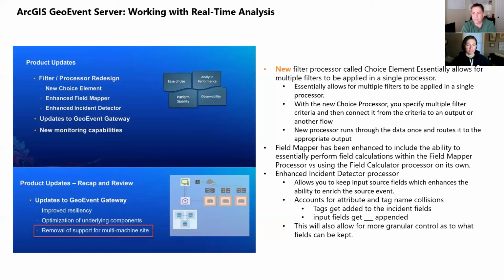So lots of enhancements and improved resiliency within the server. You see down there a note that updates to the gateway. You always have to have this gateway to be the gatekeeper of the information, the feeds that are coming in, and how that's spread out over your GeoEvent services and things like that.